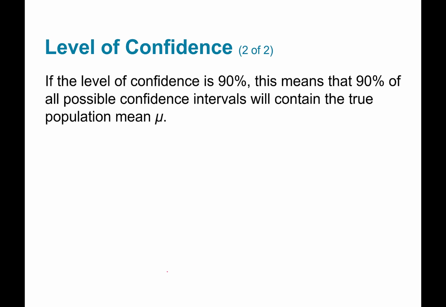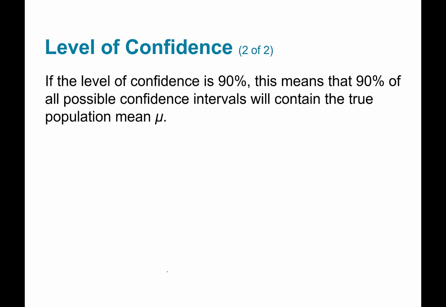Let's say, for example, the level of confidence is 90%. What that means is 90% of all the possible confidence intervals will contain the true population mean mu. We're not saying there's a 90% chance that any one confidence interval will contain the mean mu.